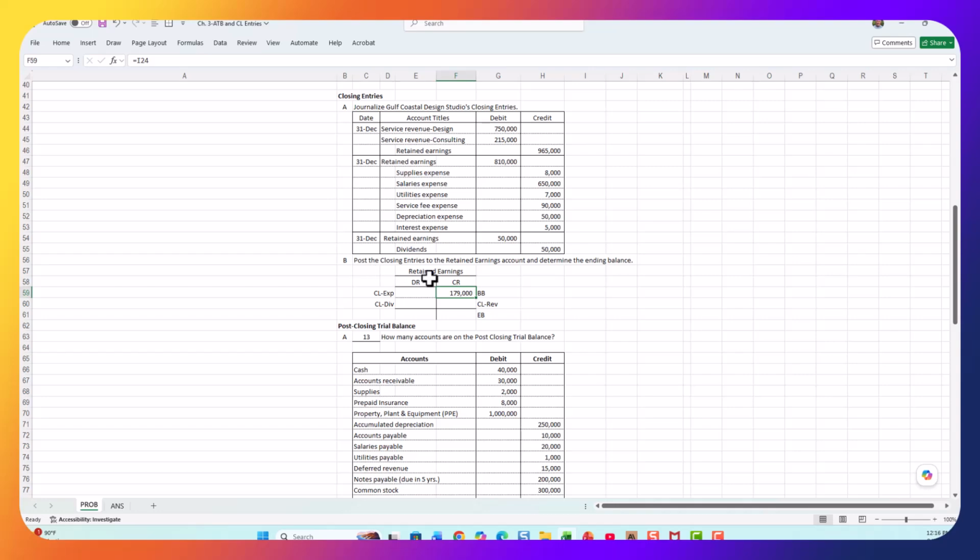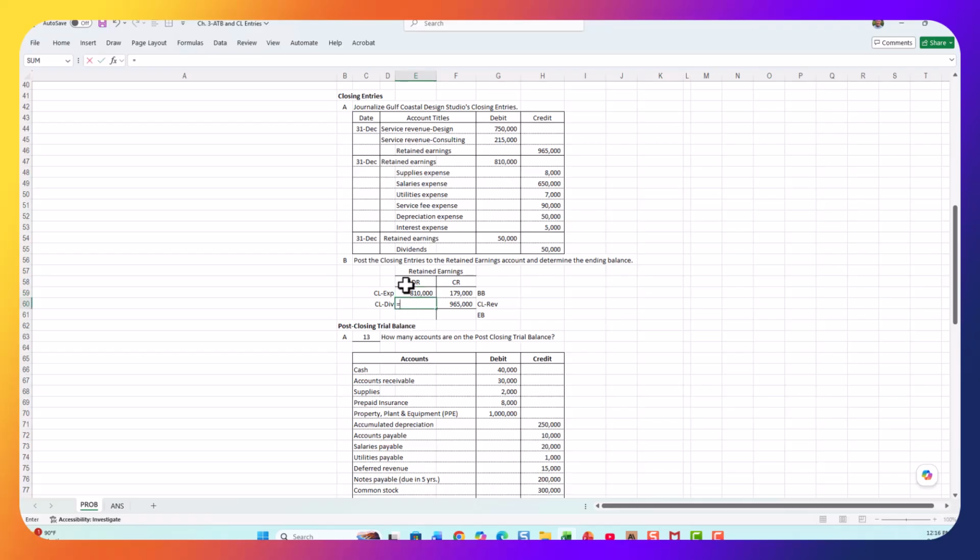The beginning balance is $179,000. The first entry transfers the total revenue of $965,000 to the credit side. The second entry transfers the total expenses of $810,000 to the debit side.